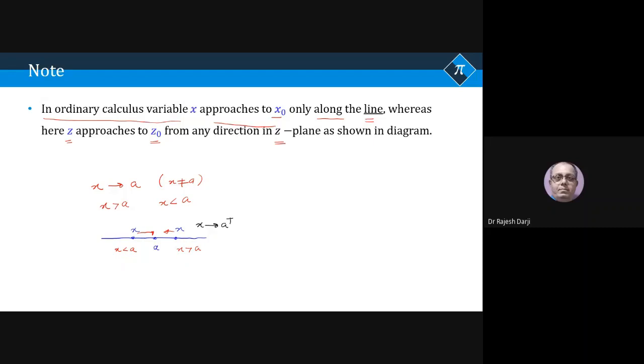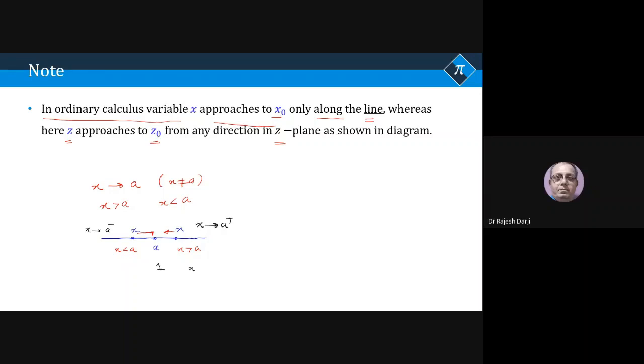If x approaches from the left hand side, then it is denoted by x tending to a minus. a minus का मतलब ये नहीं होता है कि x tends to minus a. a की वैल्यू ये है, लेकिन a से थोड़ी कम होकर फिर a की तरफ approach करता है. ठीक है. जैसे suppose a equals 1.